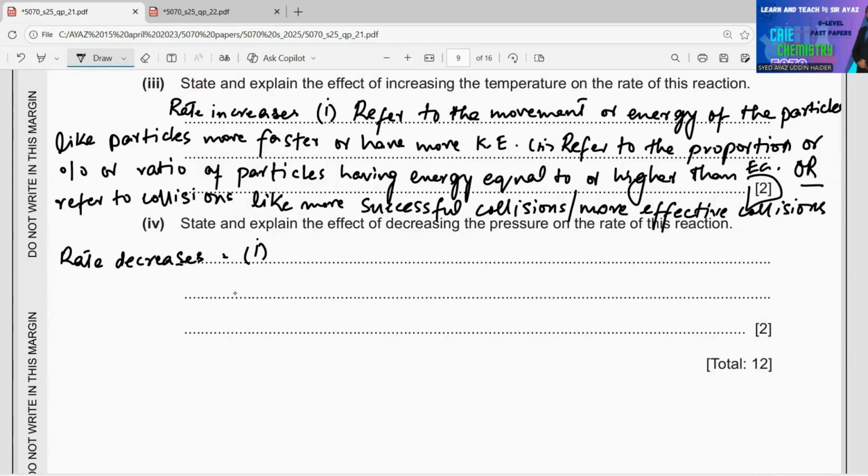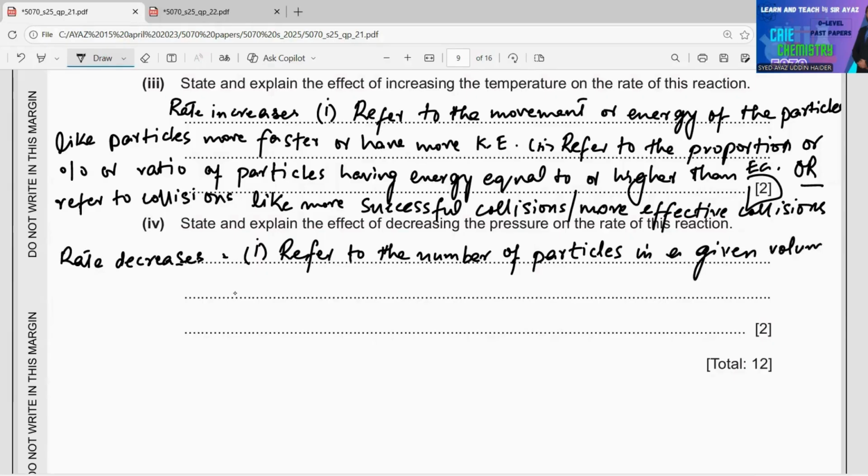So for statement number 1, you can refer to the number of particles in a given volume.